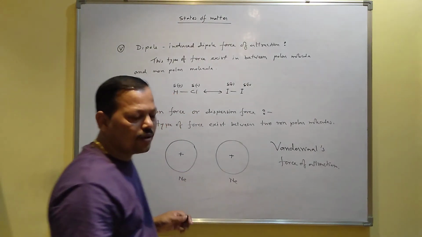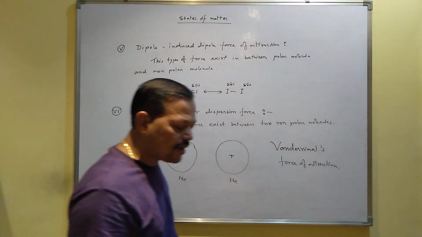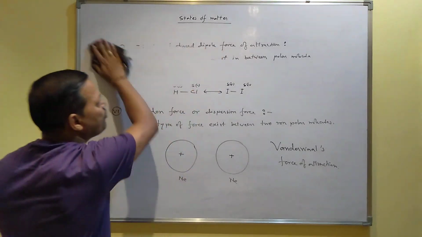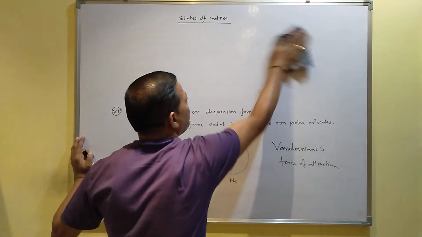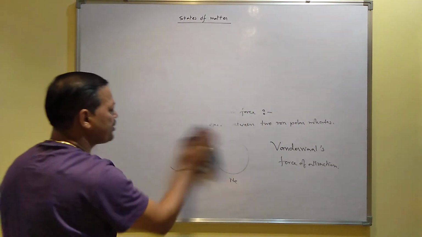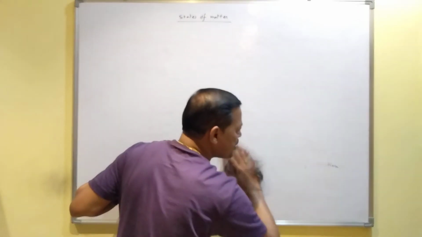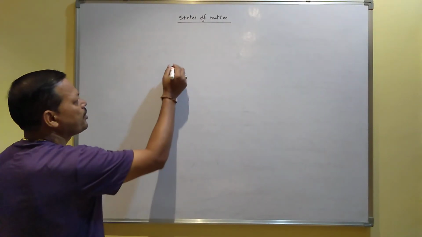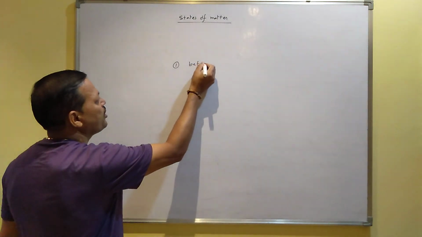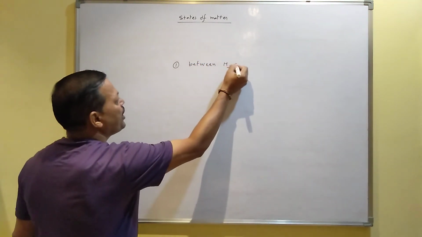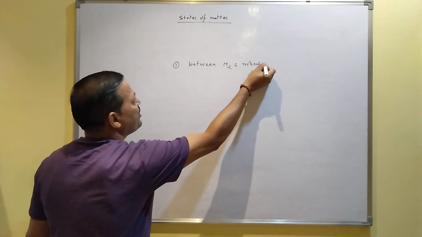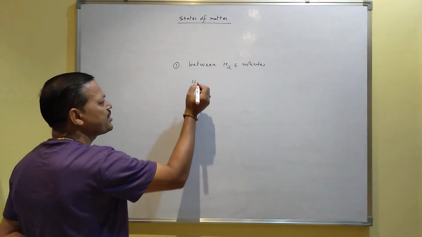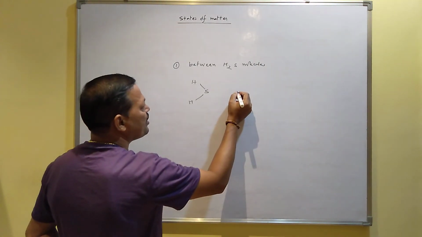In the exam, you will get some molecules and the question will ask what type of force exists between the following molecules. Then you have to write the name of the force of attraction. If the question asks what type of force exists between H2S molecules, see, this is an H2S molecule, it has a bent shape like water, and this is another H2S molecule.